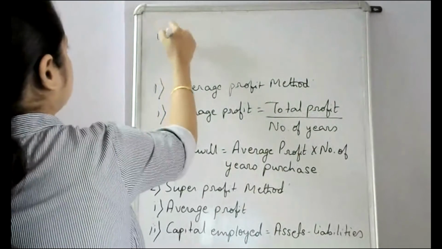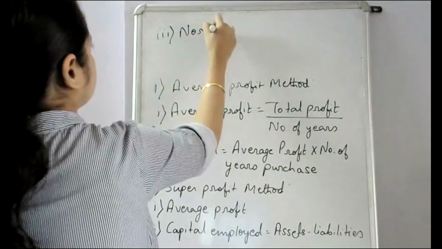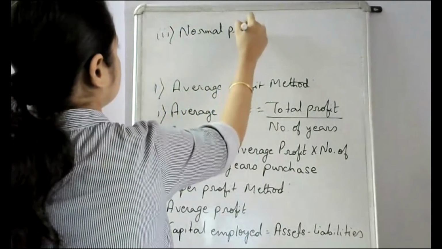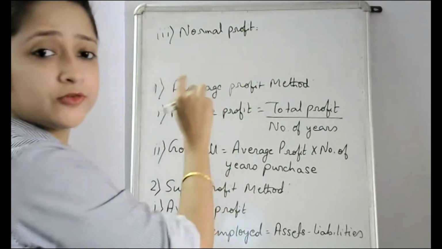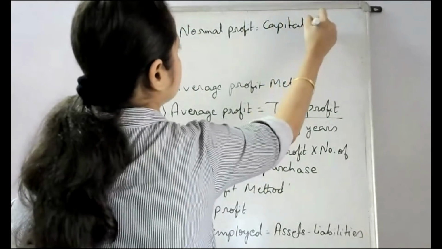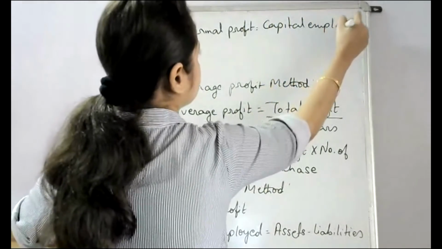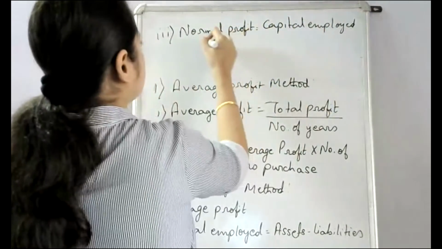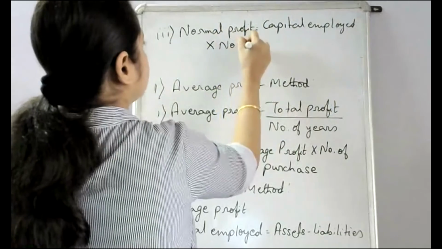Roman 3, normal profit. For normal profit, the formula is capital employed into normal rate of return.